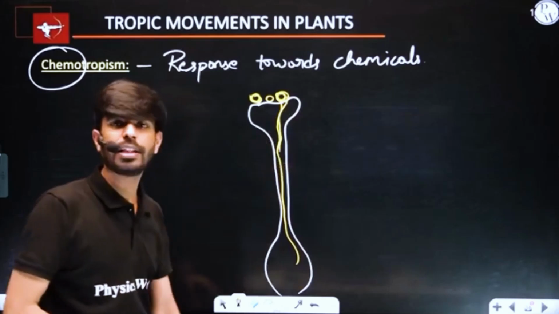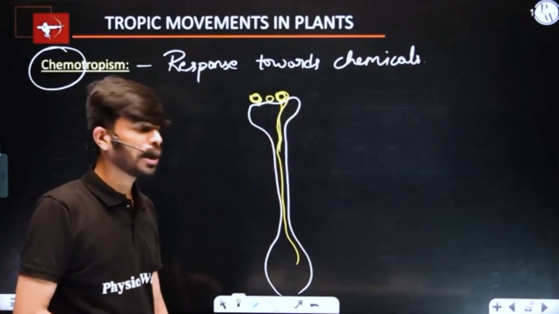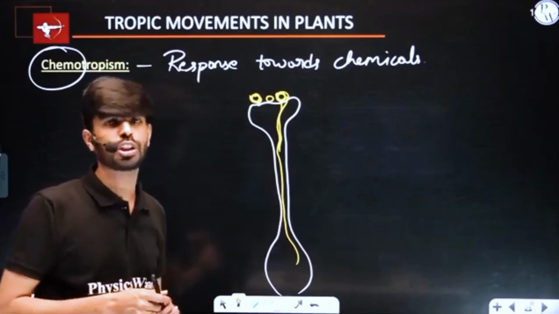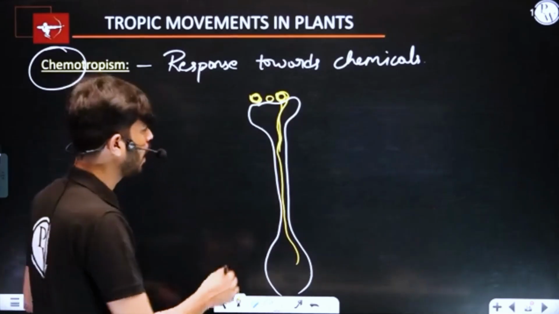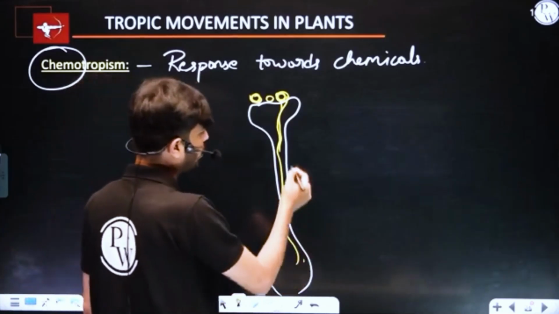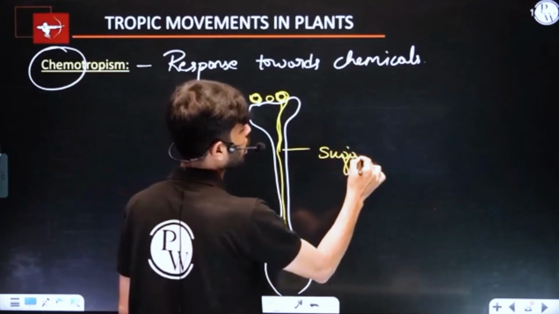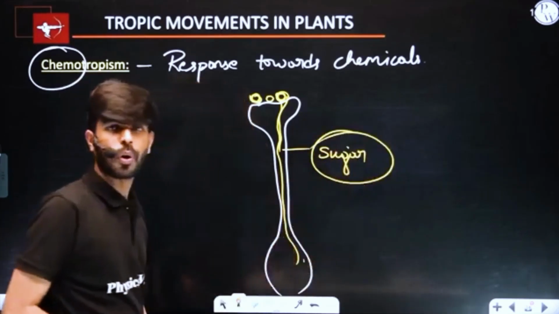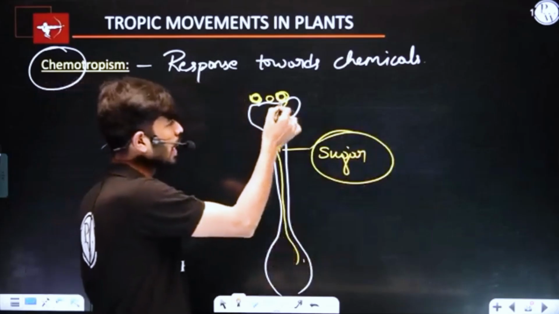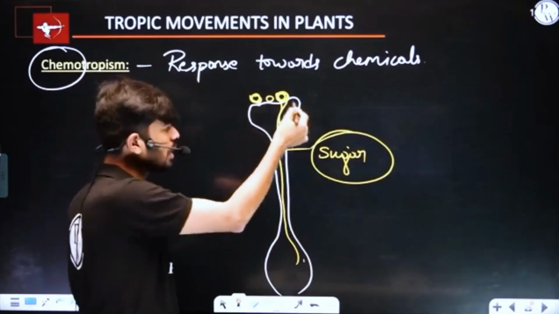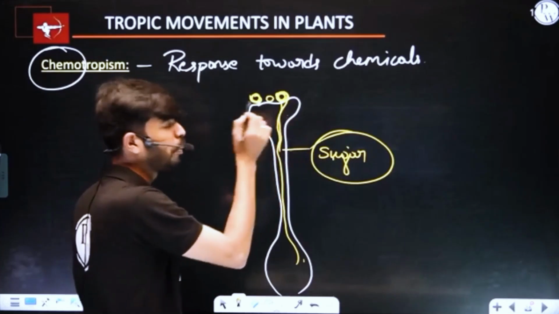Why is this pollen tube growing towards the ovary? Why is it showing the response towards the ovary? Because the ovary as well as the neck of the style produce sugar. Sugar is produced here. Okay, now what is the pollen grain doing? It is showing the response towards the chemical by producing the pollen tube.